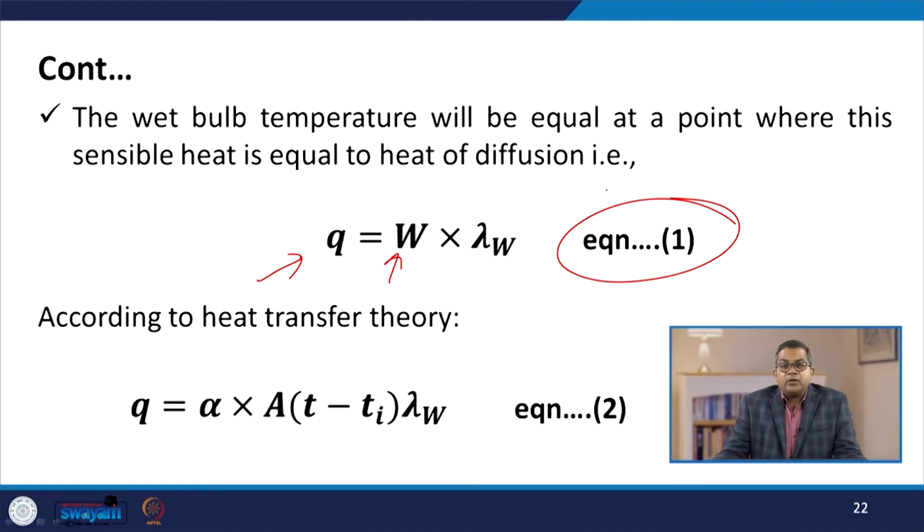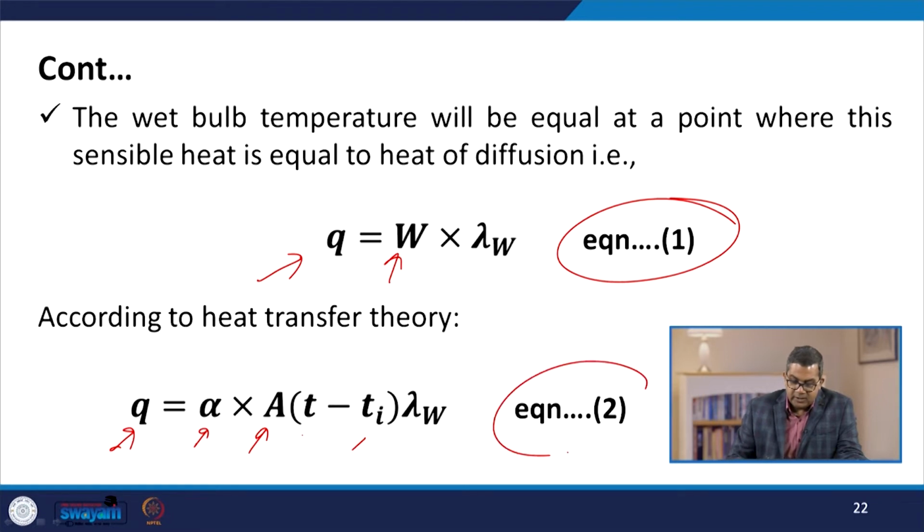Now, if we recall the heat transfer theory, it says that Q is equal to alpha into A into (T minus Ti), that is equation number 2.